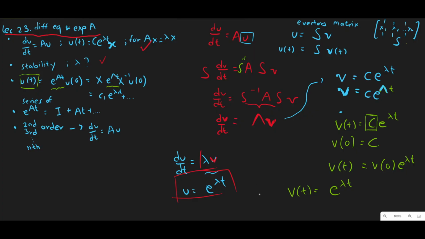See, dv dt will be lambda e to the lambda t, and this will be lambda v. But here I'm assuming the constant is 1, and here I'm putting it in more general terms. Why? Because I want to use this v0 next. You will see this coming.